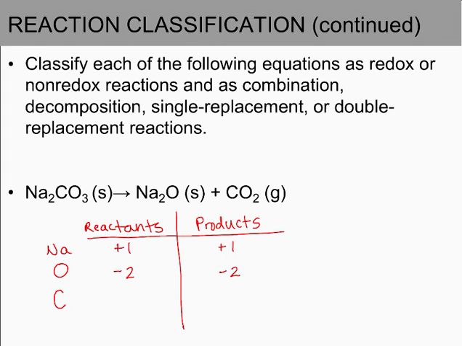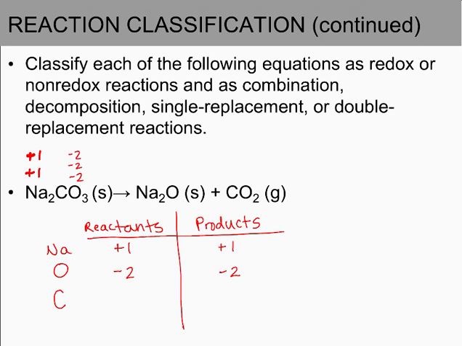So in the reactants, we have two sodium ions, each with a +1 oxidation number. And then we have three oxygens, each with a -2 value. So if we add that up together, we have +2 minus 6. So that would be -4.